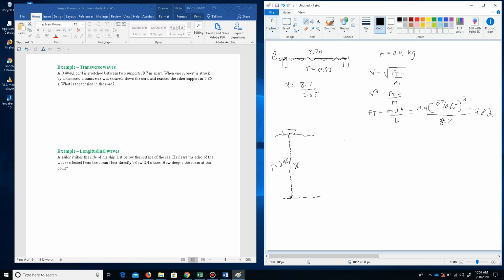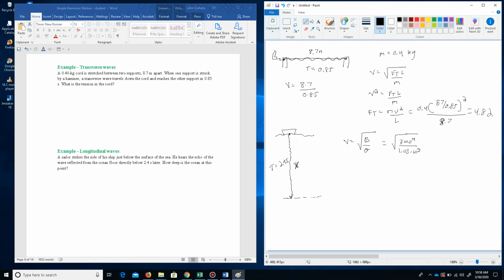Now we know velocity equals, since we're dealing with a liquid, the square root of the bulk modulus over the density. Right? These are just two constants for that liquid. So the bulk modulus is 2 times 10 to the 9th, and then the density of water is 1.03 times 10 to the 3rd.